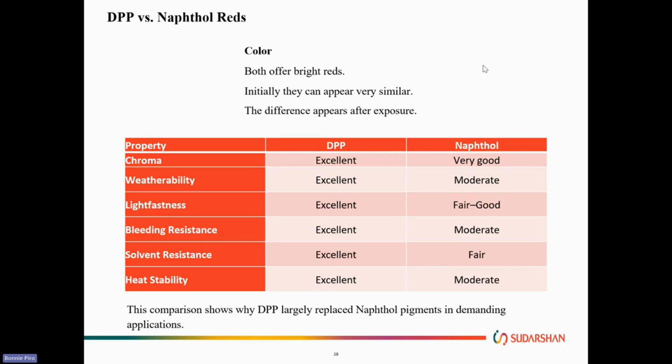Naphthol reds. I classify naphthol reds as that intermediate between classical pigments and the high performance pigments. They have characteristics of both. From a color perspective, they both offer bright reds. So consider Pigment Red 254, Pigment Red 170.